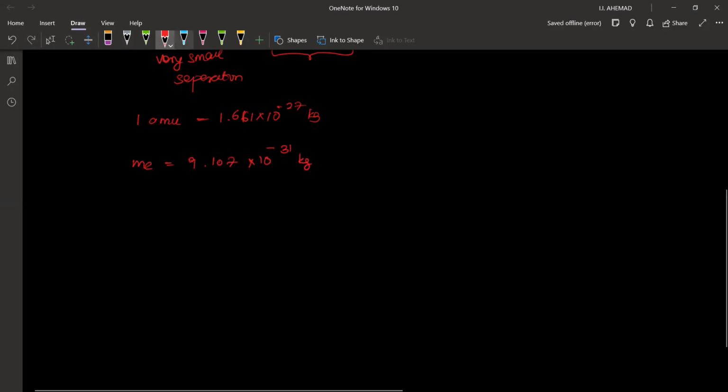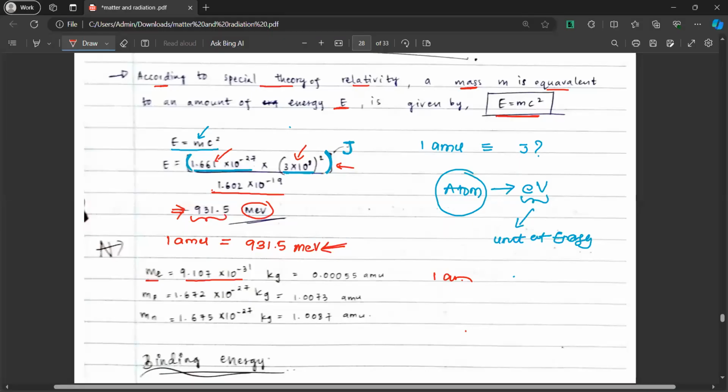So if we divide this amount, if we divide ME by 1 AMU, then we will get the mass of electron in terms of AMU. And if we calculate, it is around 0.00055 AMU.